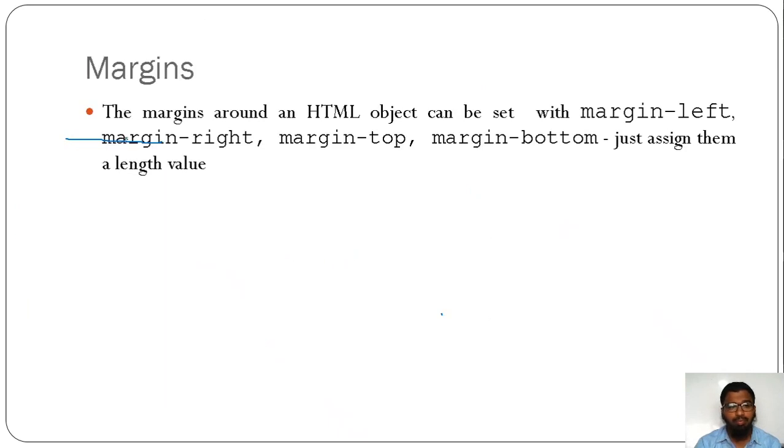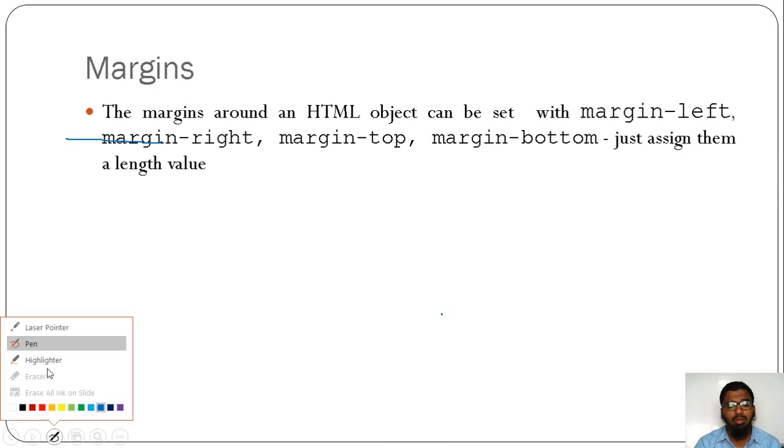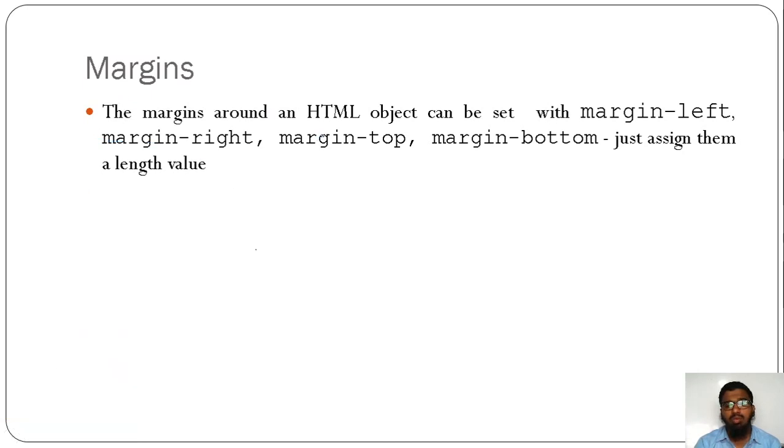Next is the margin. The margin around an HTML object can be set with margin-left, margin-right, margin-top, margin-bottom. Just assign them a length value. Okay, what is margin?